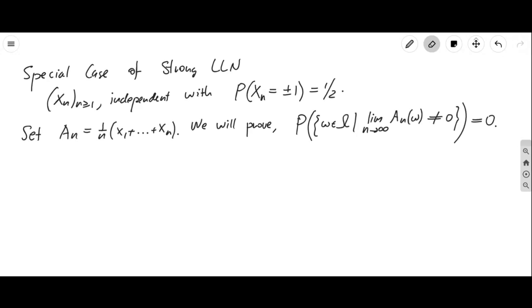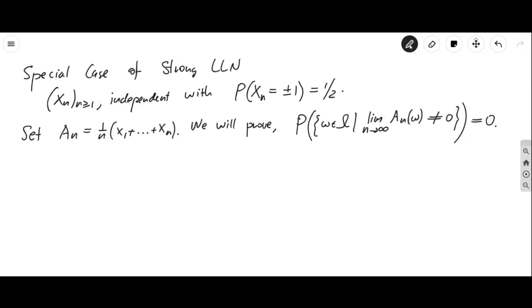And as you will see in the course of the proof, it will not be able to generalize to the case where you have a more general sequence of random variables that are independent. You will actually use this somewhere in the course of the proof. So it's not a proof that generalizes, but it would be sufficient for our purposes.